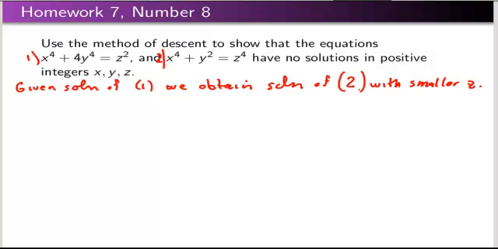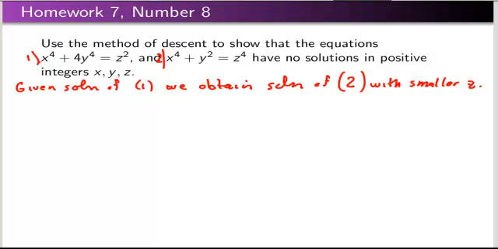And so each time we proceed, we're going to get a smaller and smaller z coordinate, and therefore we're going to have a contradiction. You can't proceed to find solutions with z getting smaller and smaller, but staying positive. So how do we get to first base then?